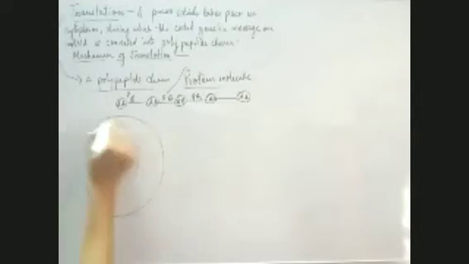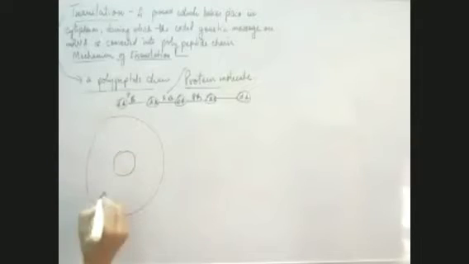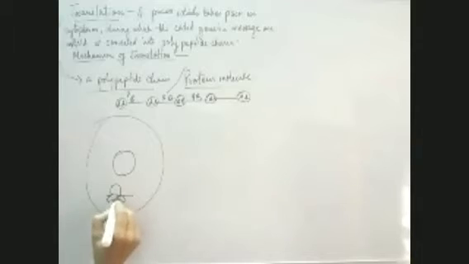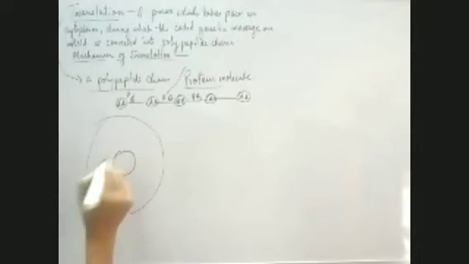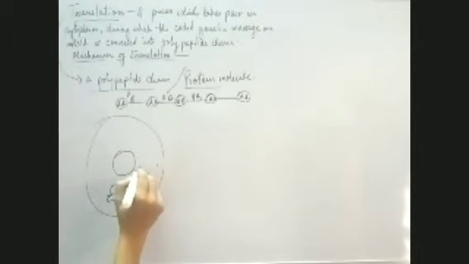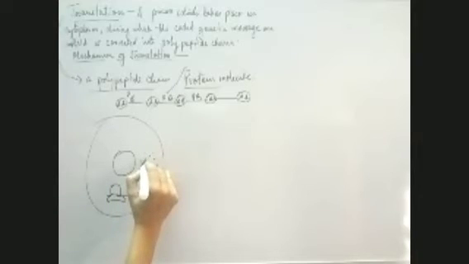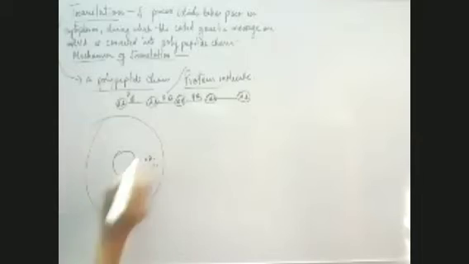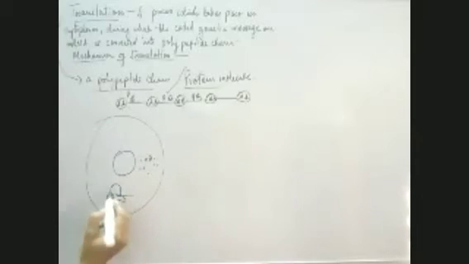This is a cell, this is the nucleus, this is messenger RNA, and here the ribosome has attached. Now suppose this is the amino acid pool in the cytoplasm. The amino acids are required here so that this chain or protein molecule can be formed, which will move out of the exit site.